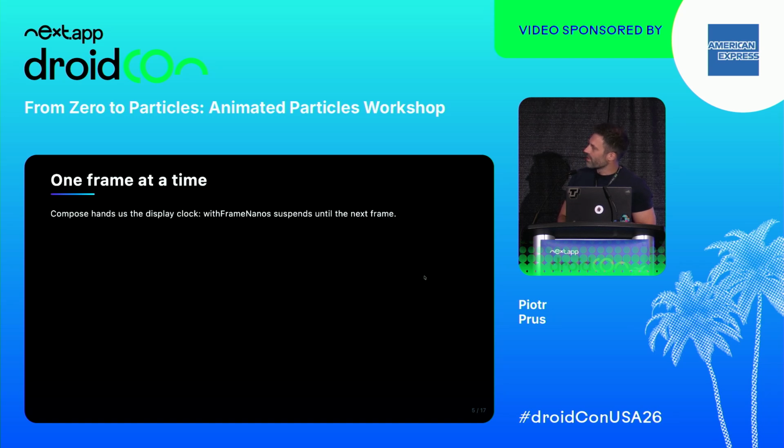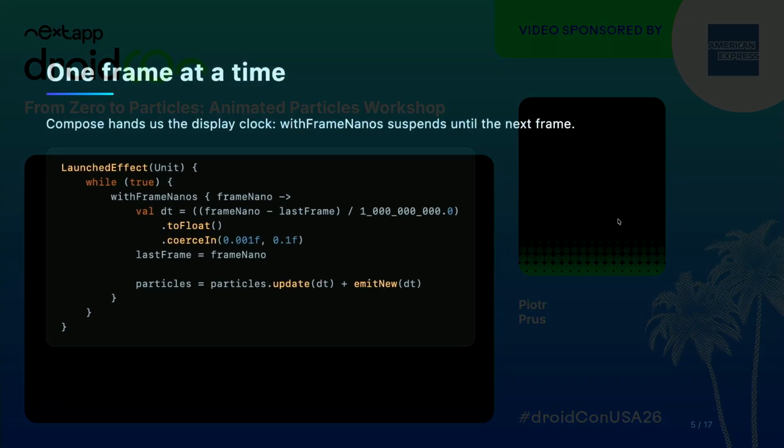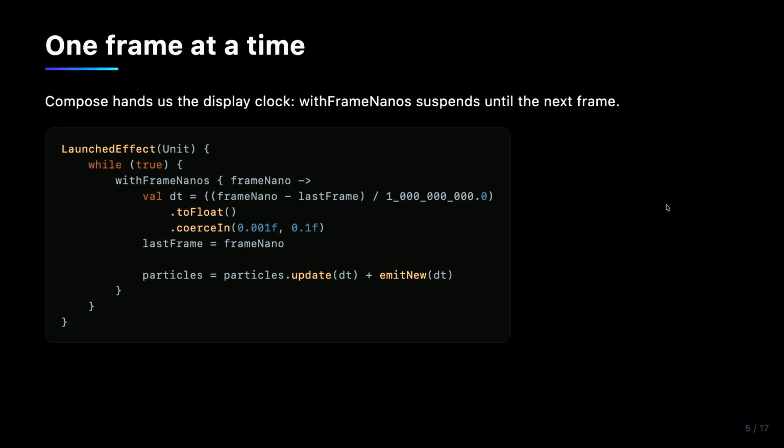There is one frame at a time. And we have this special function in Compose, maybe you're familiar with it. It's withFrameNanos, which gives us the exact nano time of every frame that is rendered. It is my favorite function for animations because you're not telling the view to animate something over a time, but instead you are informed by Compose when every frame is coming.